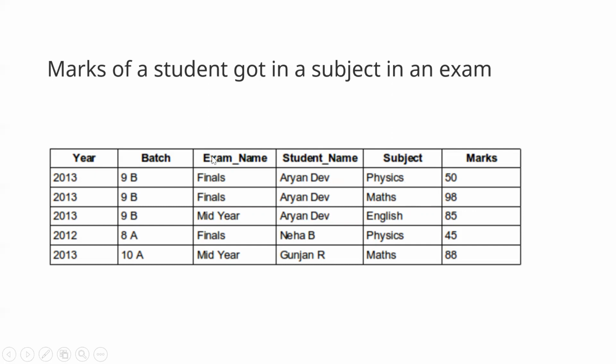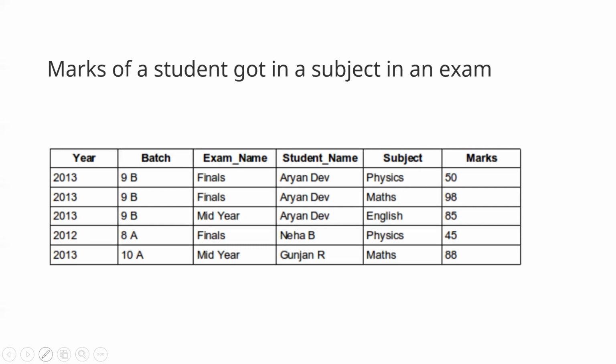That's why it is marks of a student for a particular subject in an exam. The exam is also defined here: finals, midterms, this kind of stuff. So a particular row is signifying this.